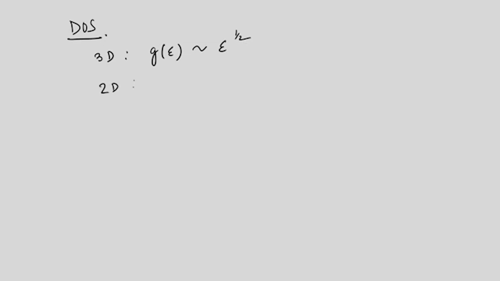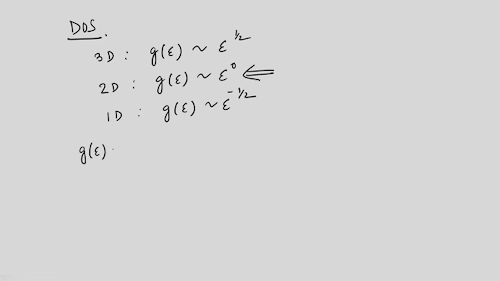In 2D, G(ε) goes as ε to the power 0, which means it is a constant, and in 1D it goes as ε to the power minus half. So, since we are talking about 2D, it is important to us, which means the density of states is constant, which means it does not depend upon energy. So, it is just a constant, okay.